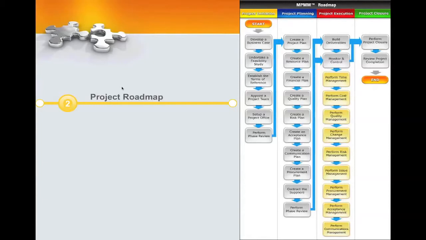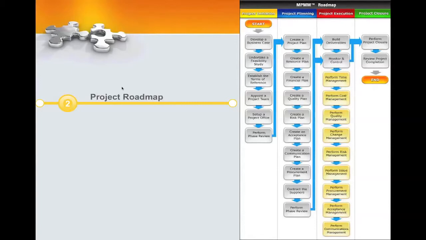If you think of cooking, this is your recipe. Or if you're building a house, consider this as your blueprint. The project plan is the plan that you use to determine how we're going to go about doing this project. It's the major output of the project planning phase.